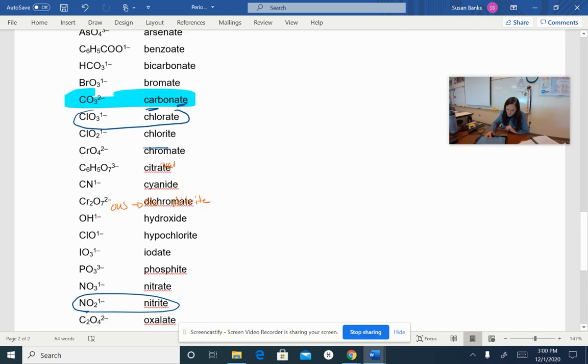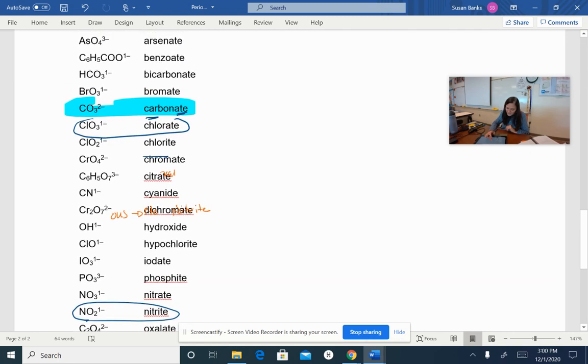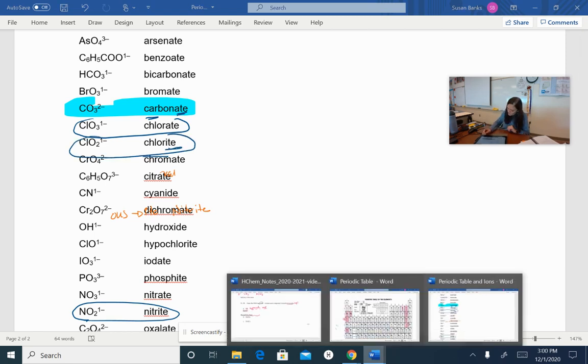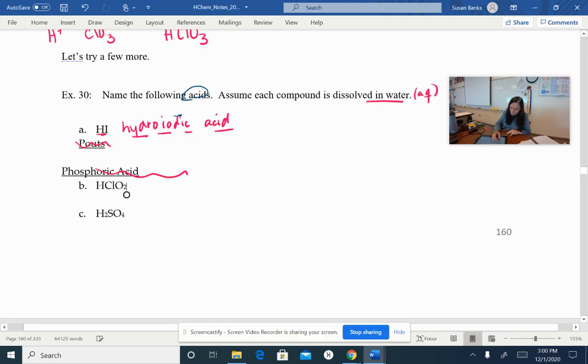ClO2 is going to be chlorite right here. Chlorite. Ites go to ous. So ClO2 negative is chlorite, and ites go to ous. So this is going to be chlorous acid.